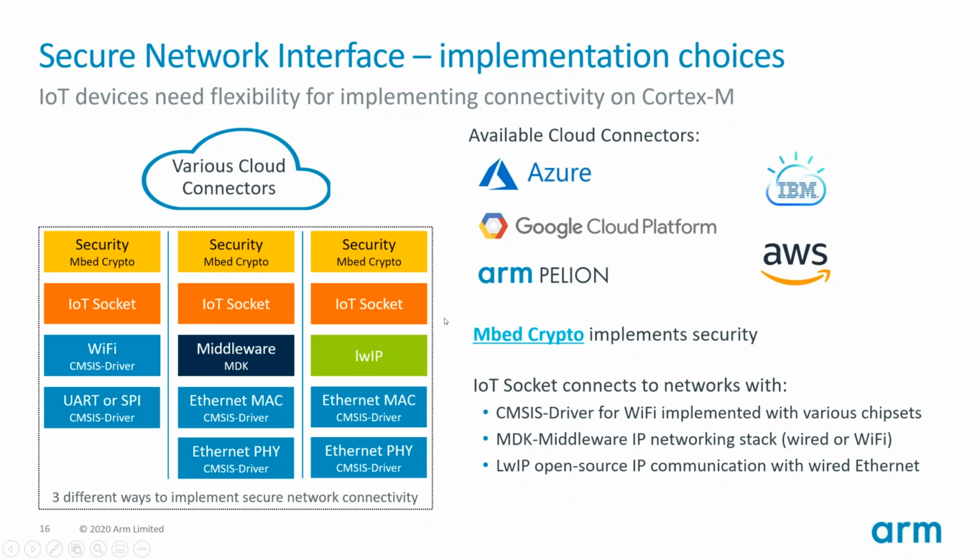And again, this is the common view that works also on the devices without TrustZone. So all the common Cortex-M4, M7, M3, M0 devices can be run with the same components.